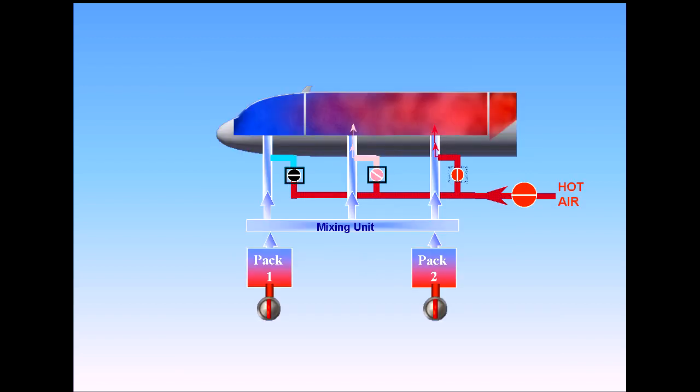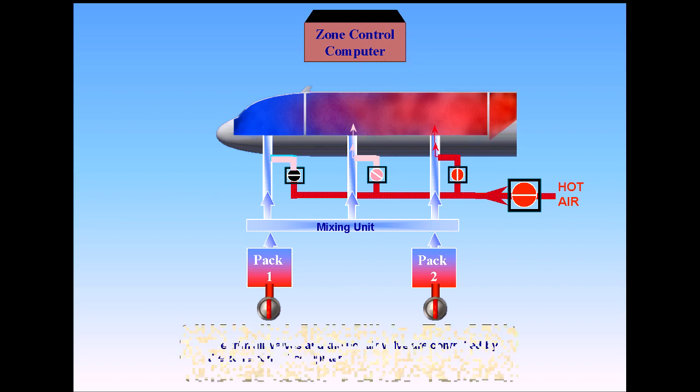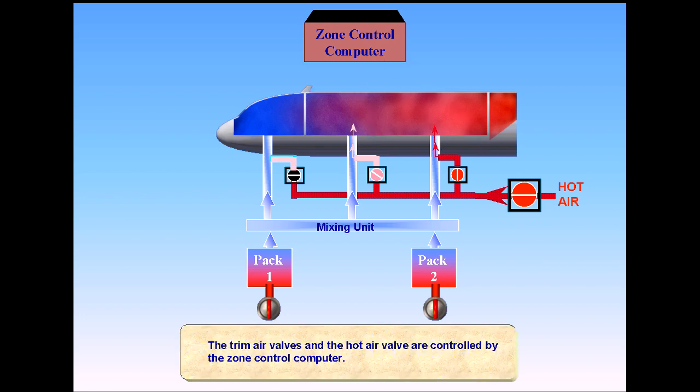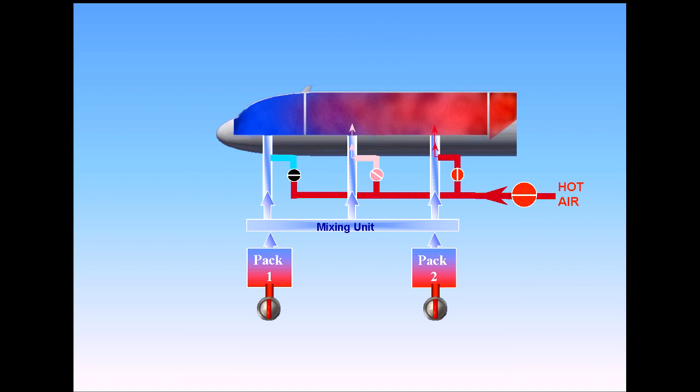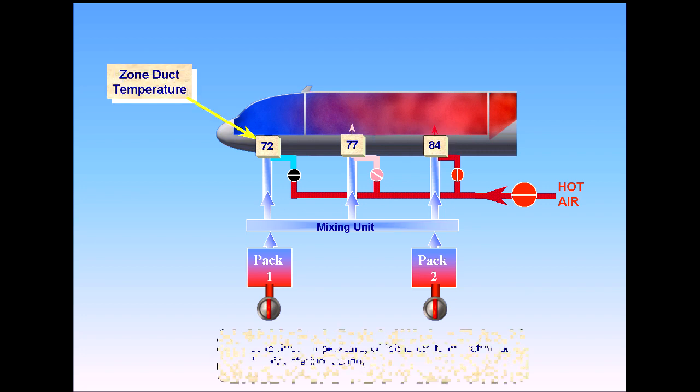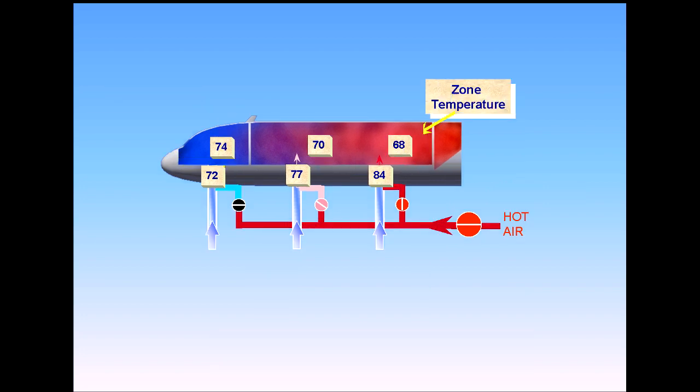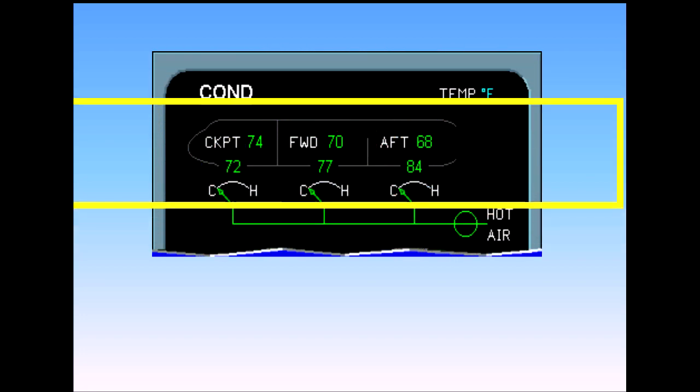The trim air valves and the hot air valve are controlled by the zone control computer. Zone duct temperature, which is the temperature of the air entering a zone, and the actual zone temperature are monitored by the zone control computer and presented on ECAM.